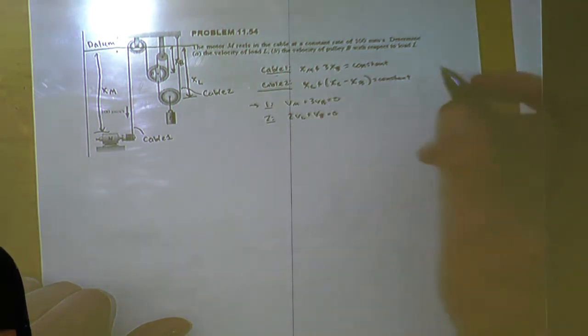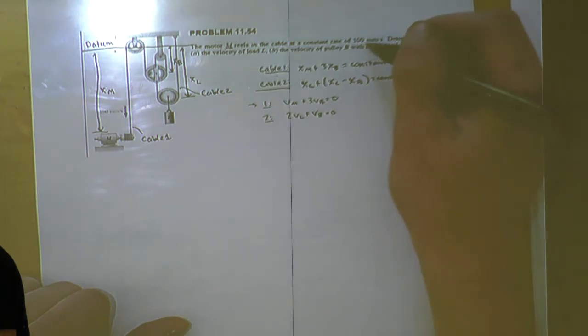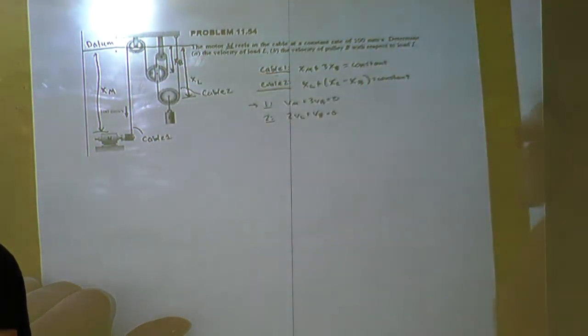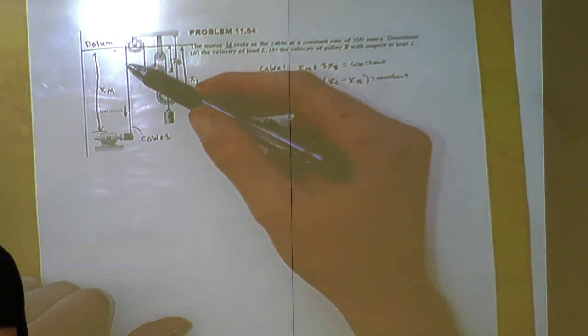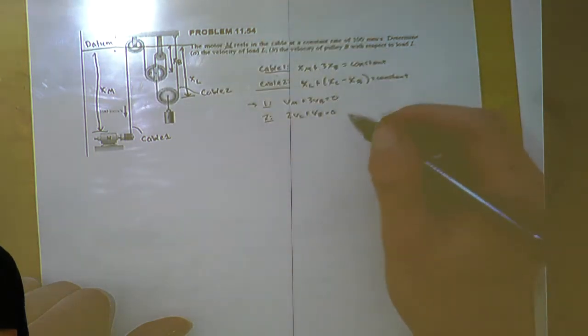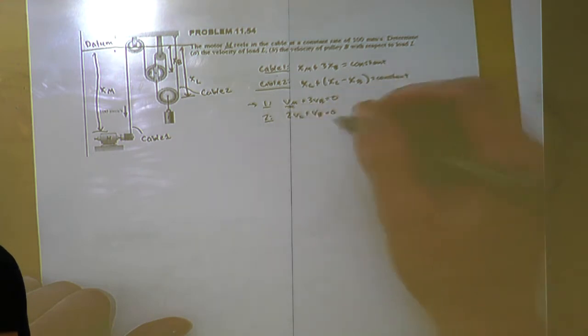So we're given that this is moving at 100 millimeters per second. So that's going to be our Vm.